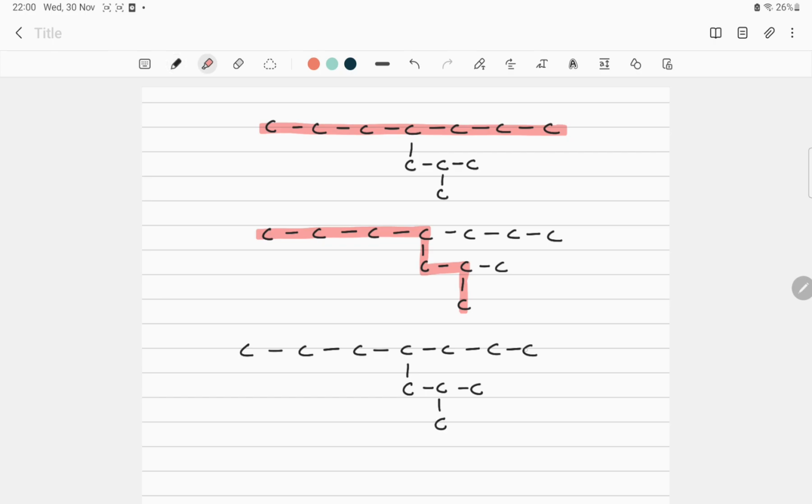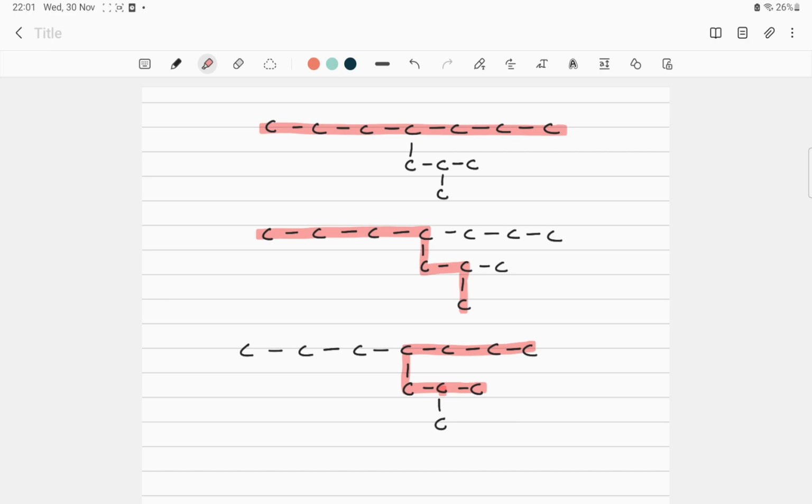The other chain possible as the parent chain is like this: 1, 2, 3, 4, 5, 6, 7. So all these chains contain the same number of carbon atoms. Then which should be selected as the parent chain?